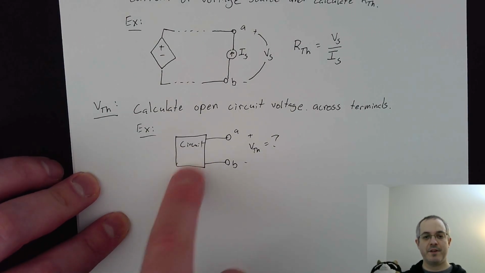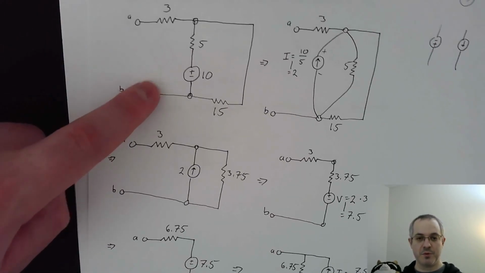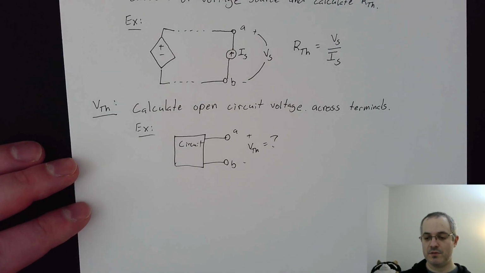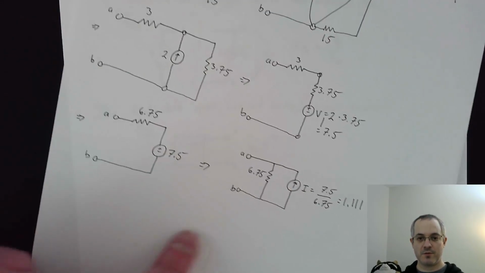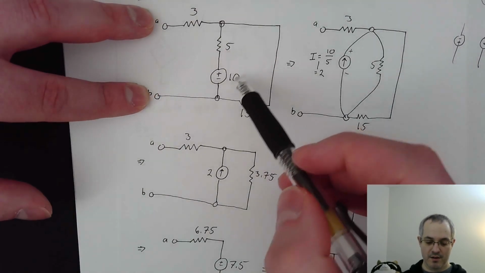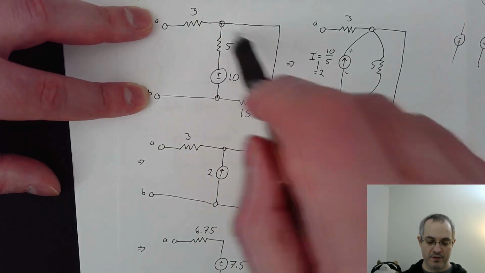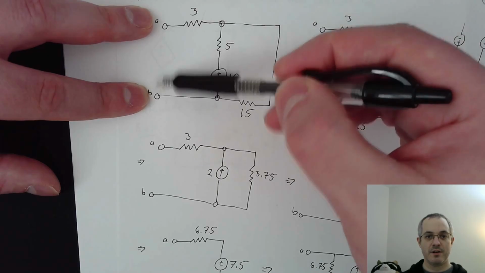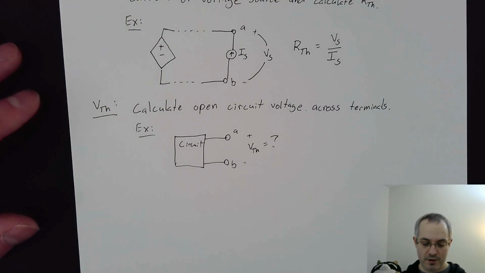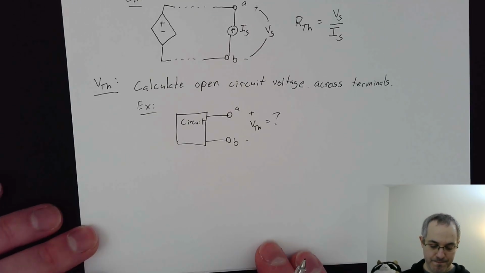You'll have access to what this circuit is, just like we did in our example, where we source transformed it. What we could have done also was look at this and, if we did nodal analysis or whatever, figure out the voltage difference across those two terminals, and that would have been VTH. So that's all you have to do there.